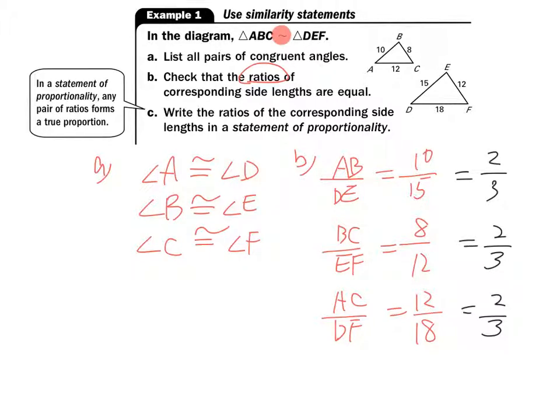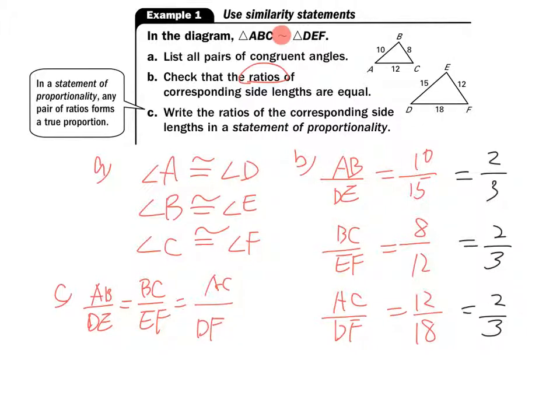So back to number 3. Write the ratios of the corresponding side lengths in a statement of proportionality. We actually already did this. It's right here: AB over DE equals BC over EF equals AC over DF.